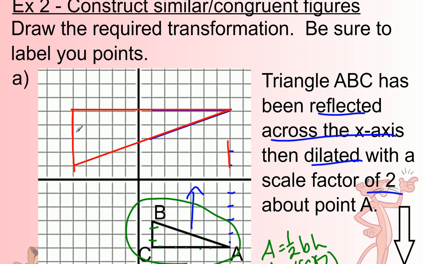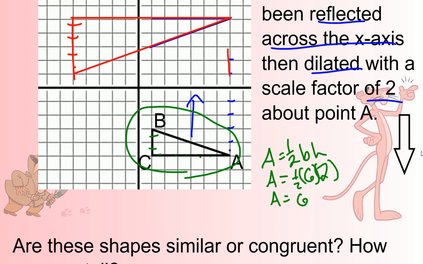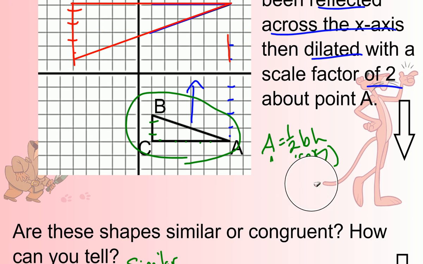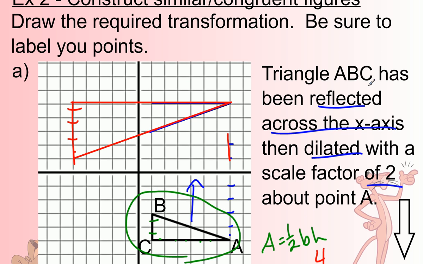So the height here, the straight up and down, is 1, 2, 3, 4. I can use the same formula. So the height is 4. The base, I can still use this as the base. 1, 2, 3, 4, 5, 6, 7, 8, 9, 10, 11, 12.